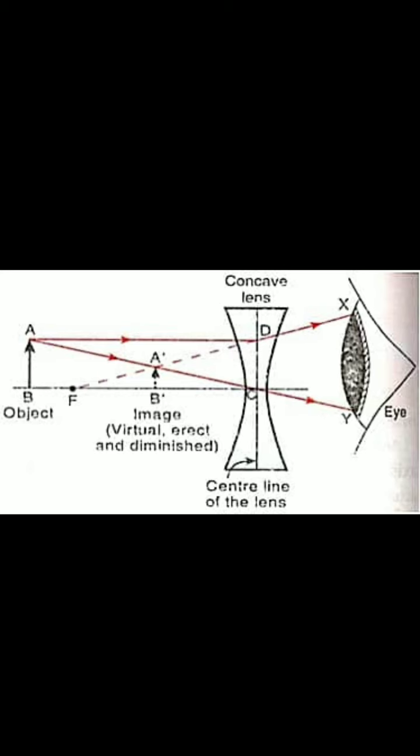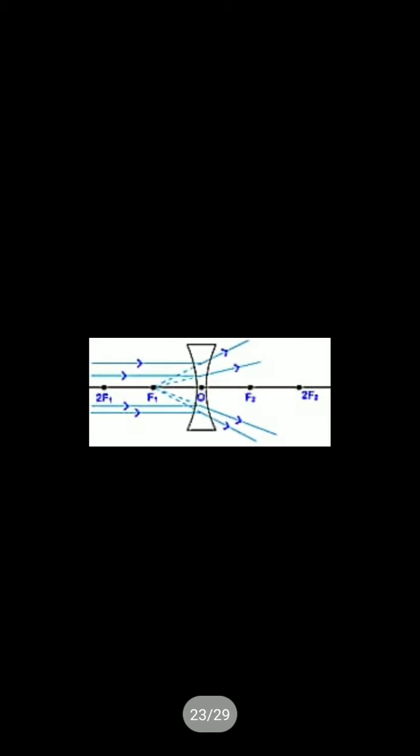You can write either F dash or F. But in case of a convex lens, we have to use two foci, F dash and F. In this case, we use only one focus. And this will be the second case. Here f2 and 2f2 have no function.